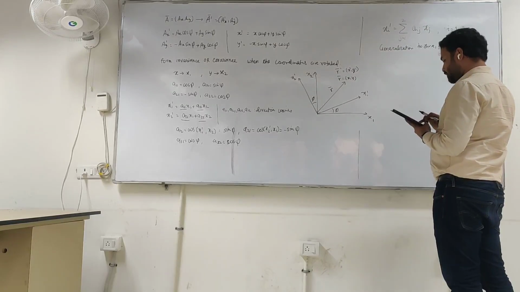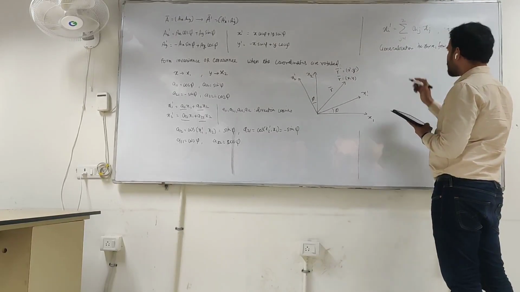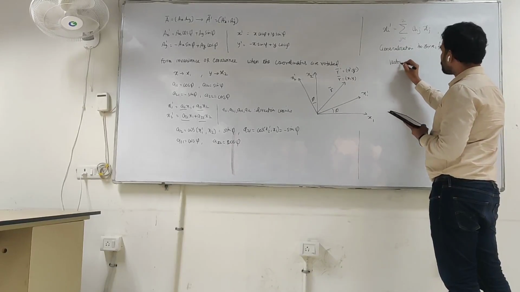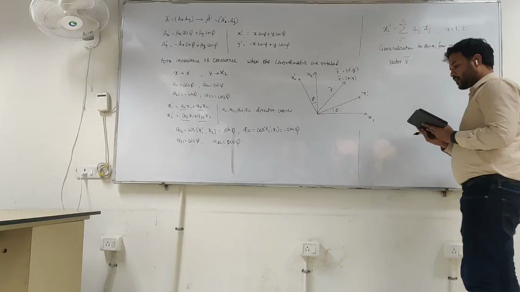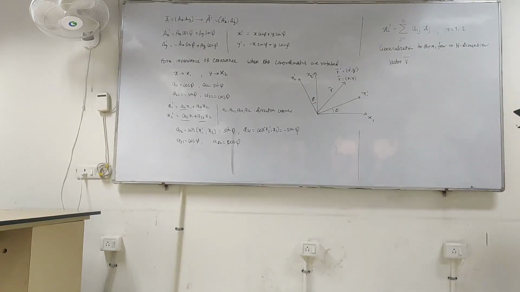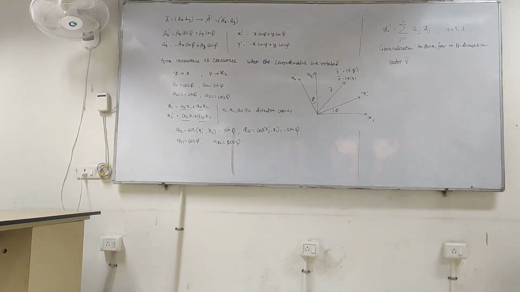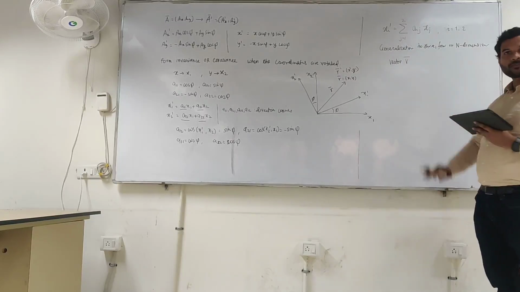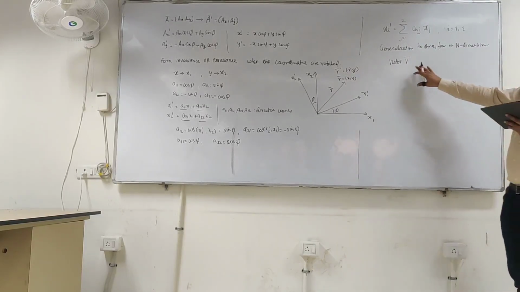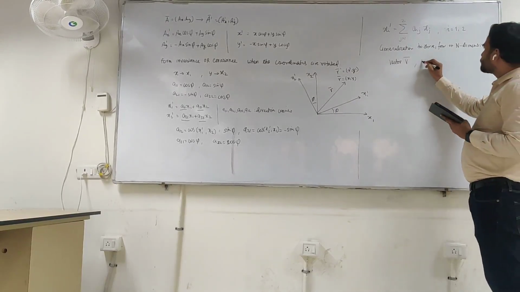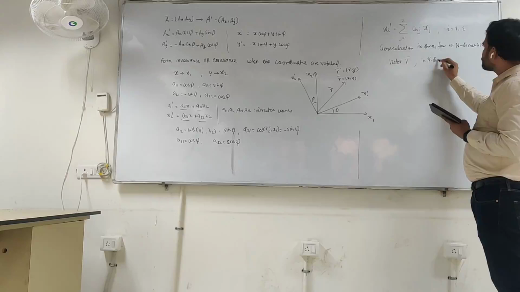Now you define a new vector, say v bar, and this vector v bar is a vector only and only if it satisfies the transformation equations. So how do you write down the vector v bar in n dimensions?